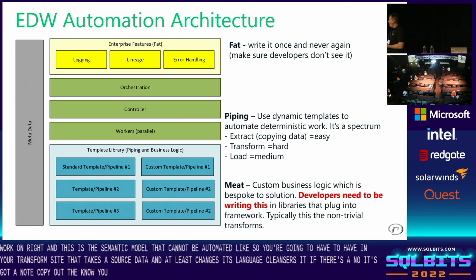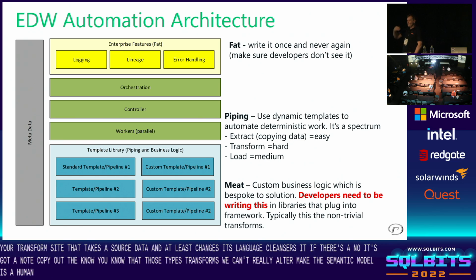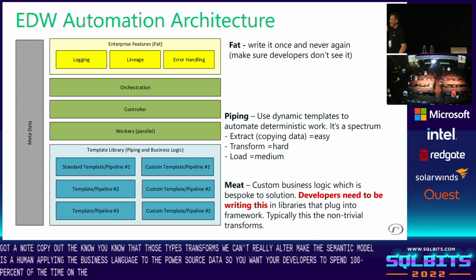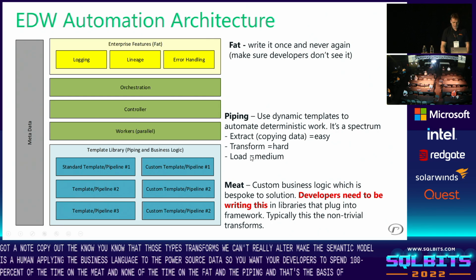You know, those types of transforms we can't really automate, because a semantic model is a human applying the business language to the source data. So you want your developers to spend 100% of their time on the meat and none of their time on the fat and the piping. And that's the basis of automation, right?